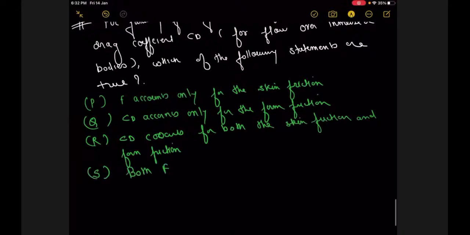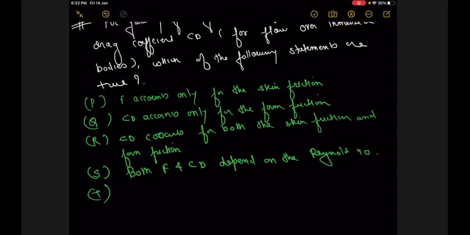S: Both F and CD depend on the Reynolds number. T: For laminar flow through a pipe, F doubles on doubling the volumetric flow rate.